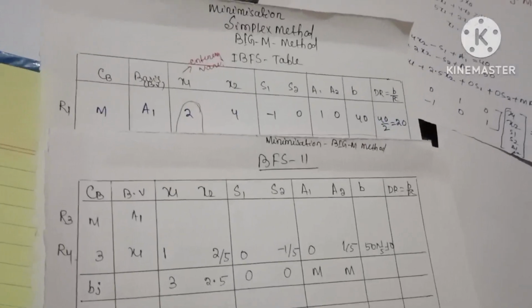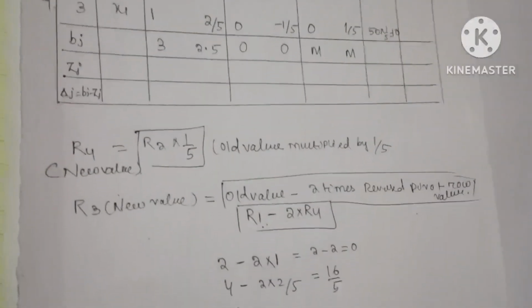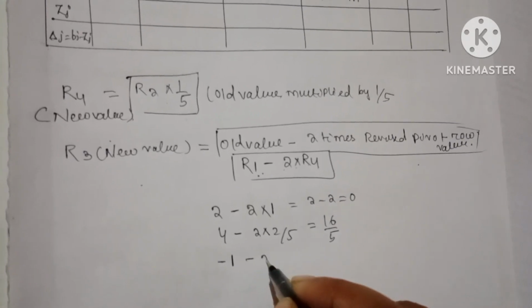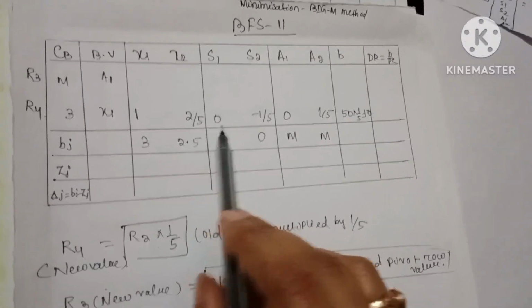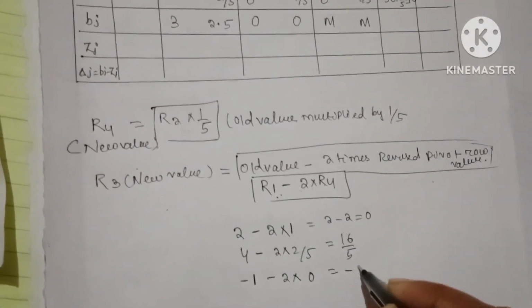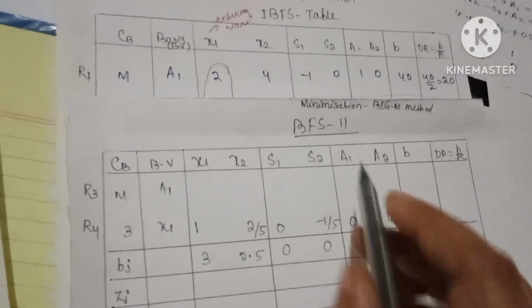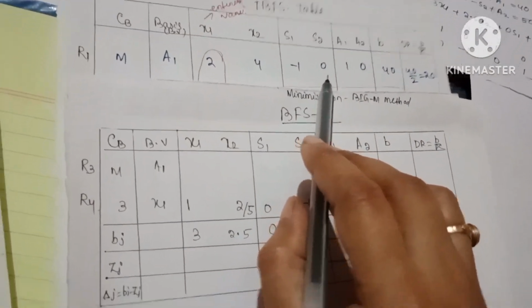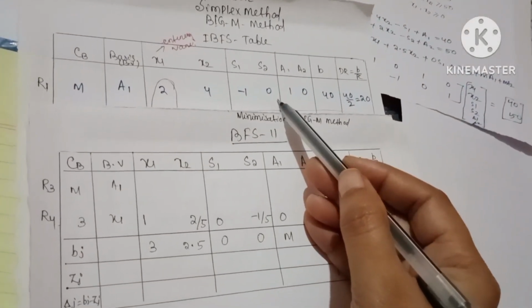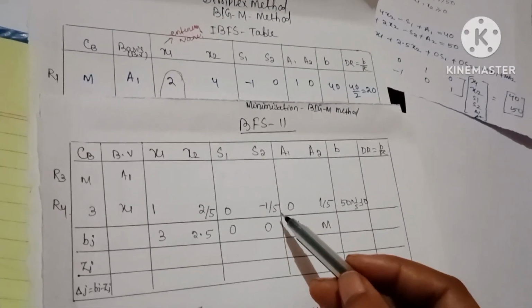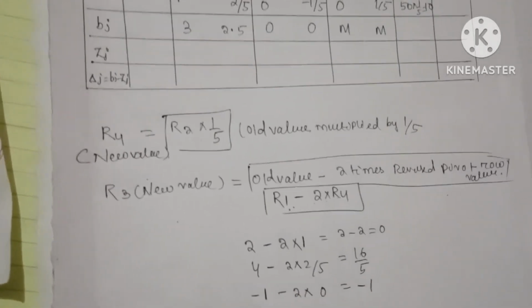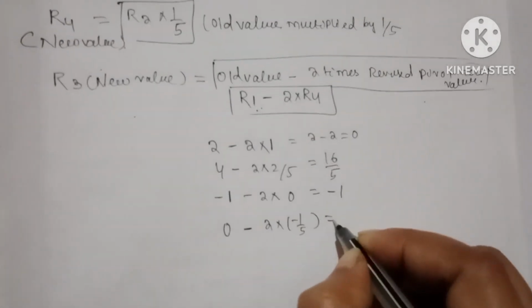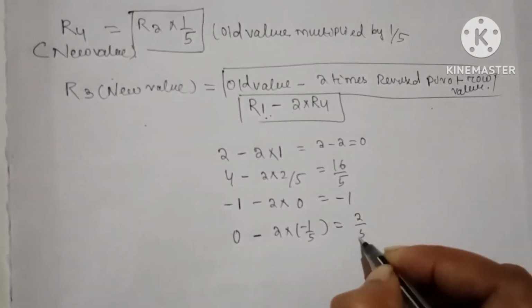Then the next one is minus 1, minus 1 minus 2 into 0, so this equals minus 1. Then the next one is 0, 0 minus 2 multiplied by minus 1 by 5, this equals 2 by 5.